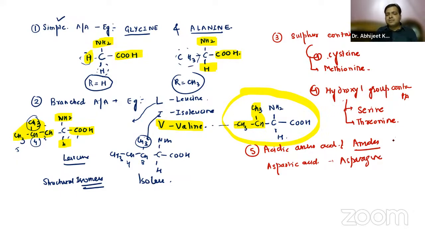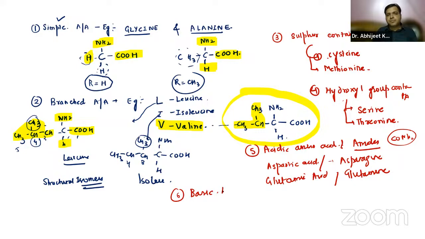Amide basically means CONH2. We have glutamic acid, and the amide will be glutamine. Then we have basic amino acids.